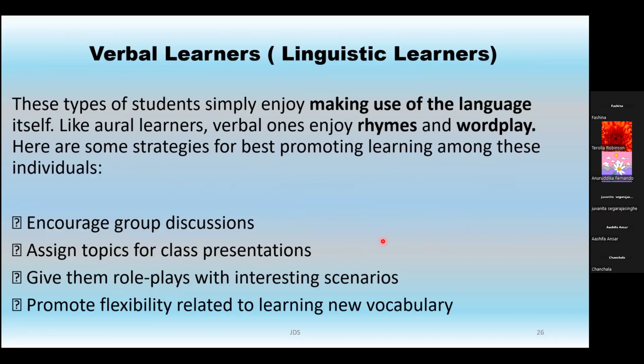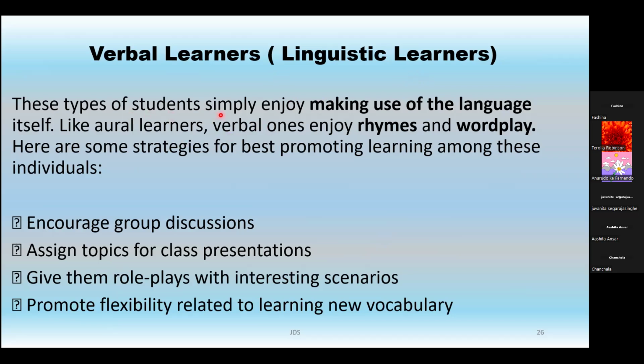Then comes the verbal ones. Verbal learners or linguistic learners.